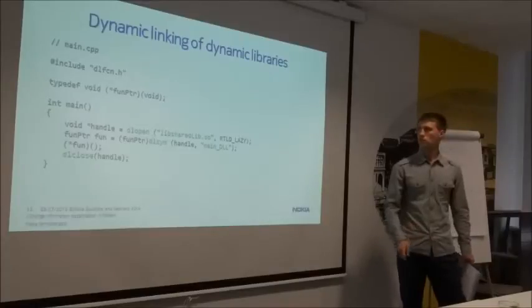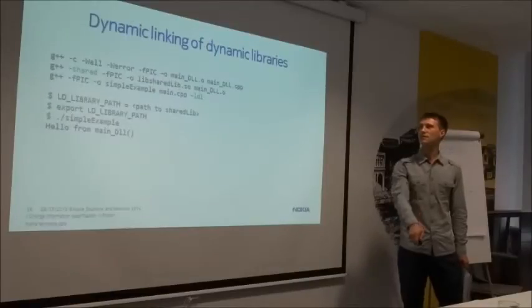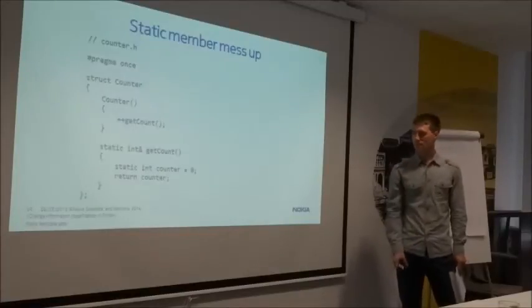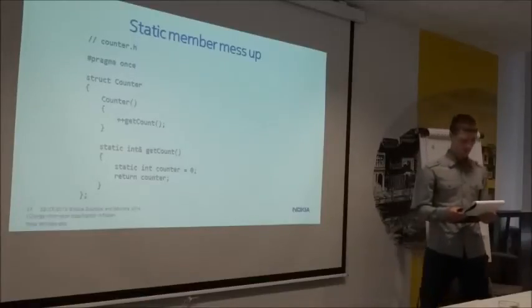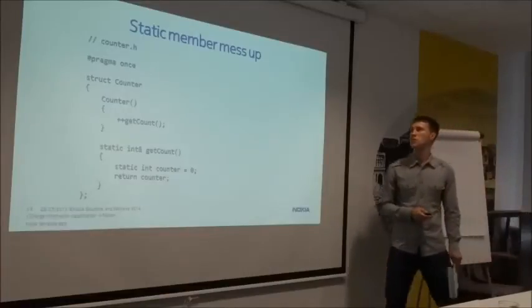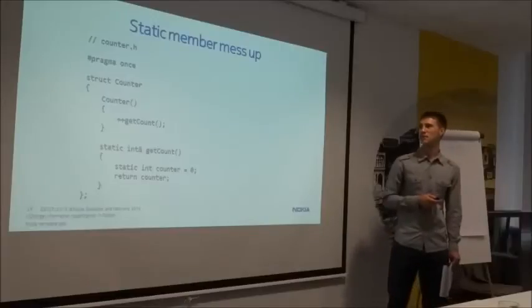So now, just to make it a little bit more complicated, let's consider one example. This example is also from my own experience, and I spent quite a lot of time fixing this.